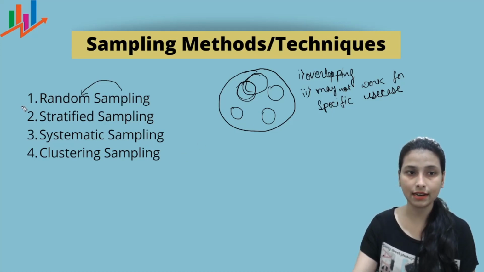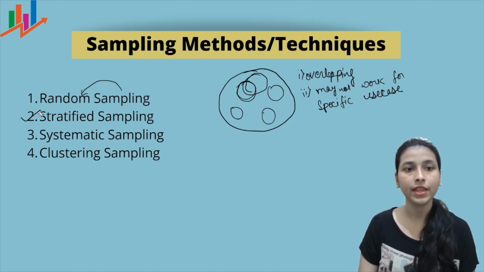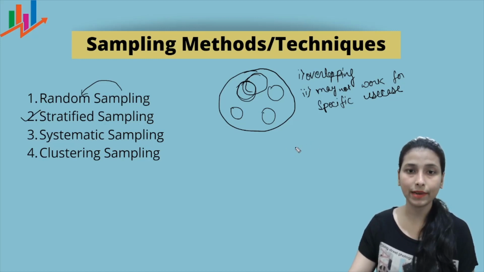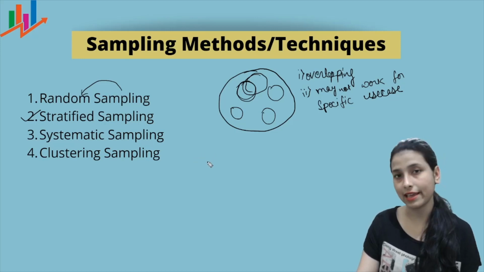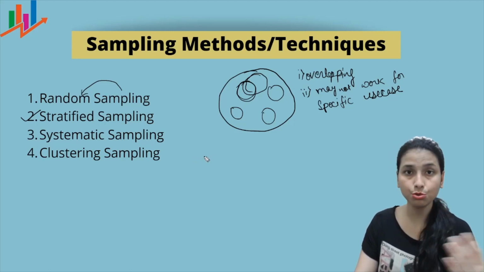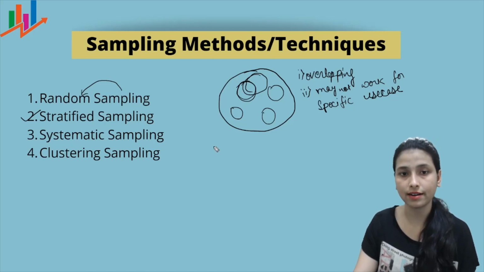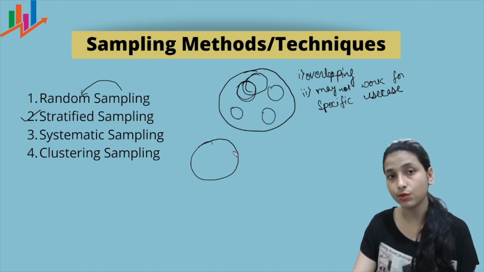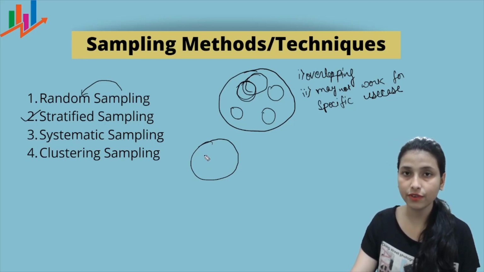Now let's understand the second type of sampling, that is stratified sampling. In stratified sampling, the sample that we choose from the population data is divided into strata. Suppose this is population data and I have to take out the sample in a stratified manner.